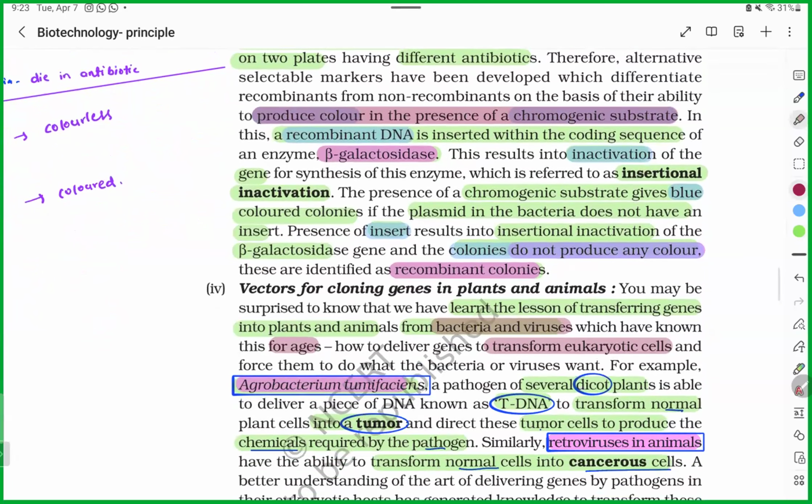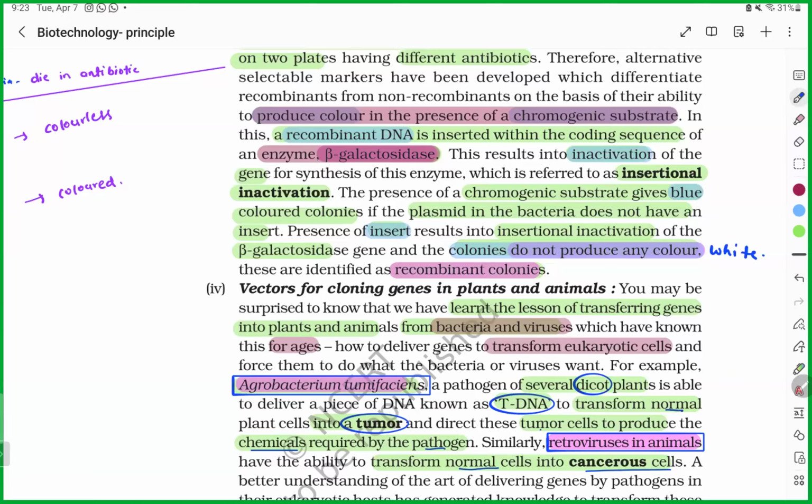If you have recombinant DNA inserted in the enzyme beta-galactosidase, what will happen? The gene will be inactive, insertional inactivation, no synthesis of the enzyme, and in this case the color of the colony will be white or no color. Normally there is blue color if no DNA, and white color if you introduce DNA, and this is recombinant.